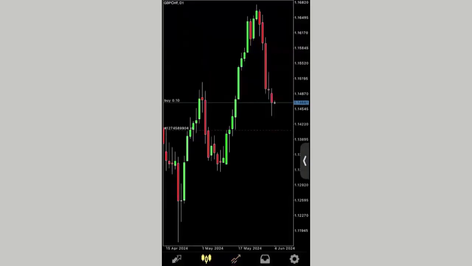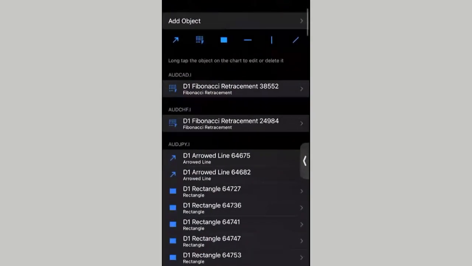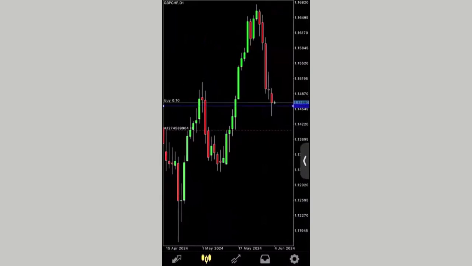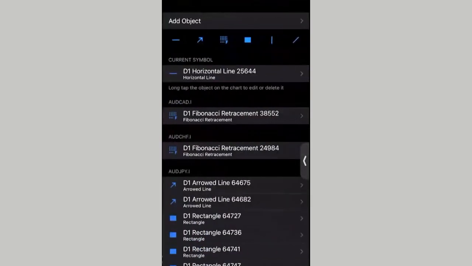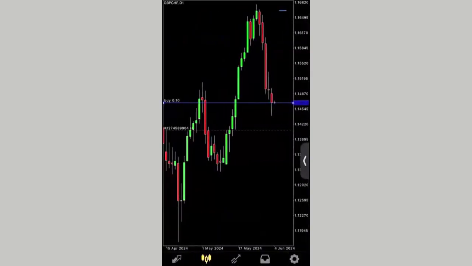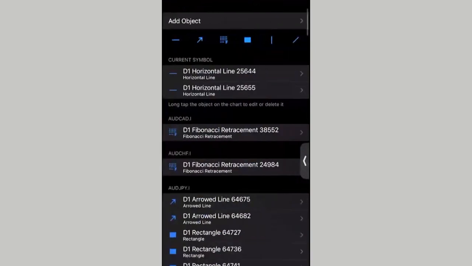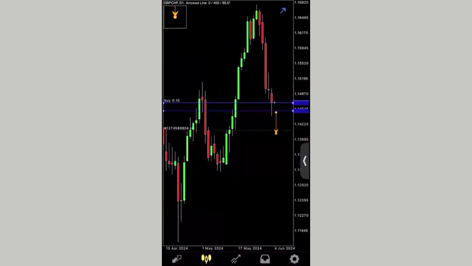Let's say, for instance, here is my entry level. I enter right here, and then Zach comes in 20 minutes later, and the market is down here, and he asks, can I still enter? Yes, you can still enter because you're going to be risking a lot less than what I'll be risking.